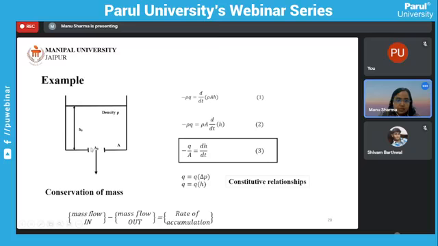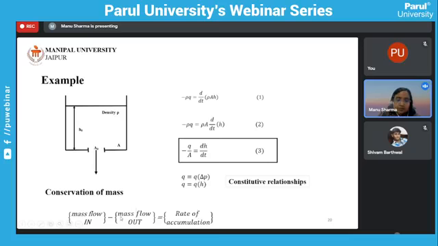Now coming to the output stream. The equation will be mass flow in minus mass flow out is equal to rate of accumulation. Since there is no mass flow in, this term will be 0. We are left with minus mass flow out is equal to rate of accumulation.